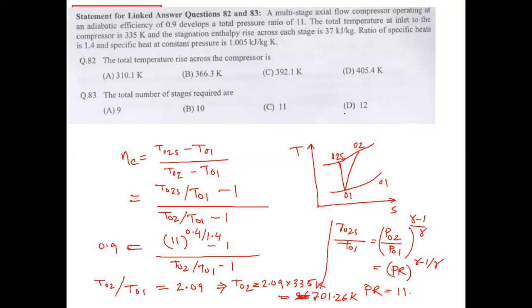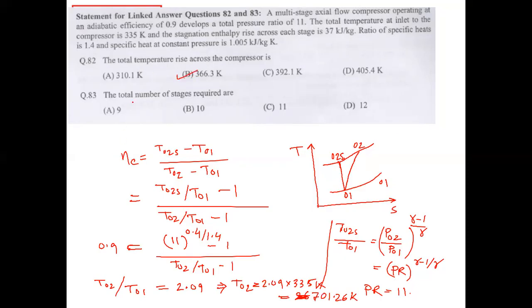Hence, the total temperature rise across this compressor will be equal to TO2 minus TO1, which is 701.26 minus 335 Kelvin. So this is nothing but 366.26 Kelvin. So this is the correct answer.